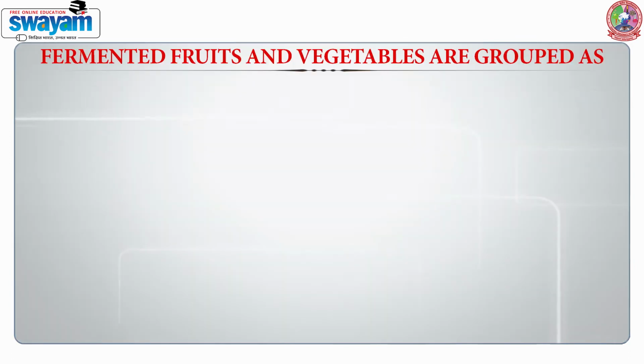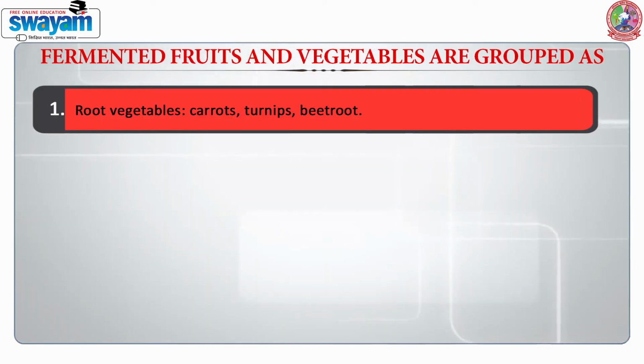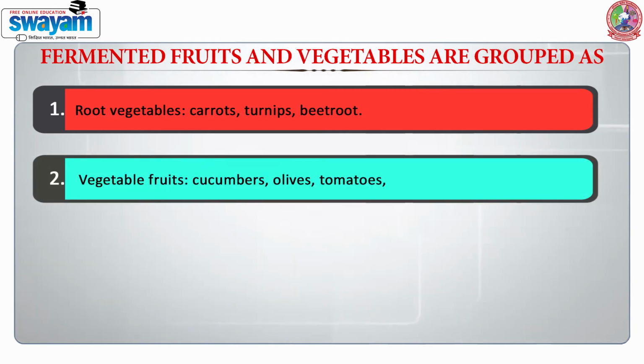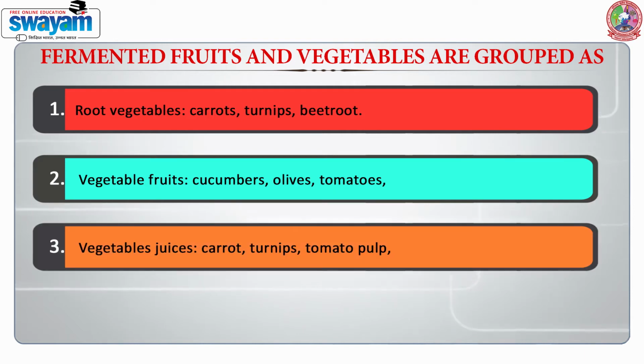Now, what are the different categories of fruits and vegetables which can be used as a substrate for fermentation? We can broadly classify them as root vegetables such as carrot, turnips, beetroot, or they can be vegetable fruits such as cucumbers, olives, tomatoes, peppers, or they can be just used as vegetable juices, for example, carrot, turnip, tomato, pulp and onion.